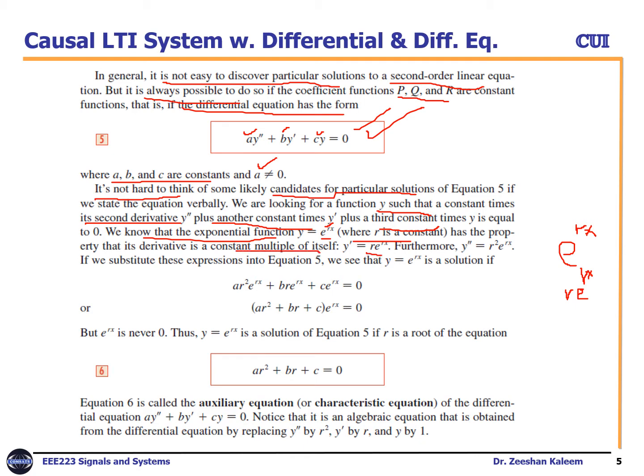Furthermore, if we take the second derivative, it becomes another constant times r squared e to the rx.